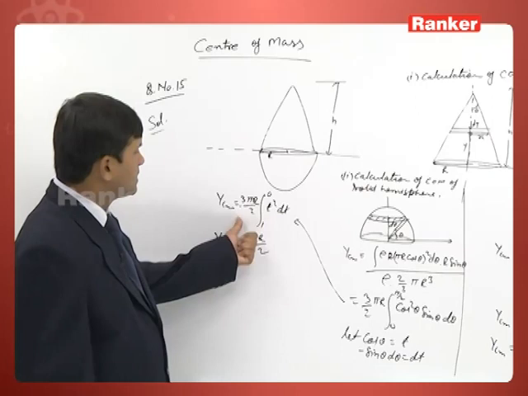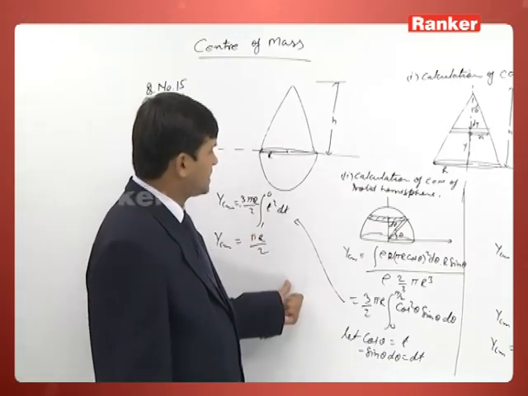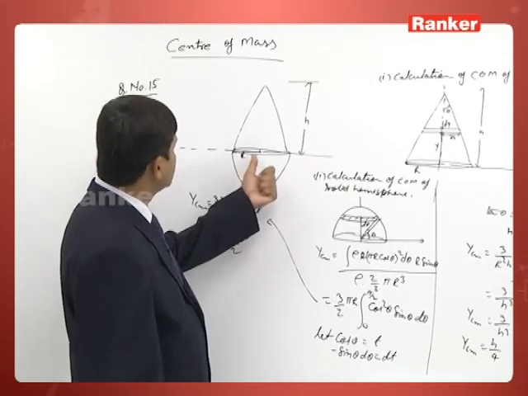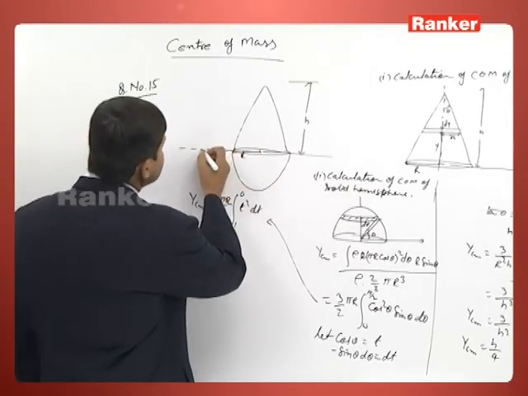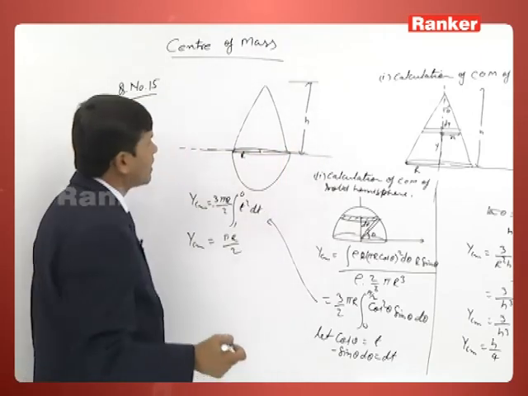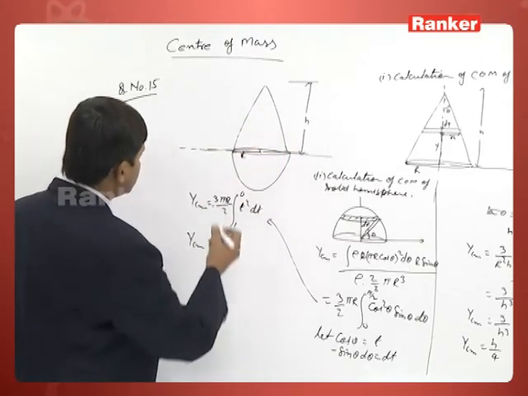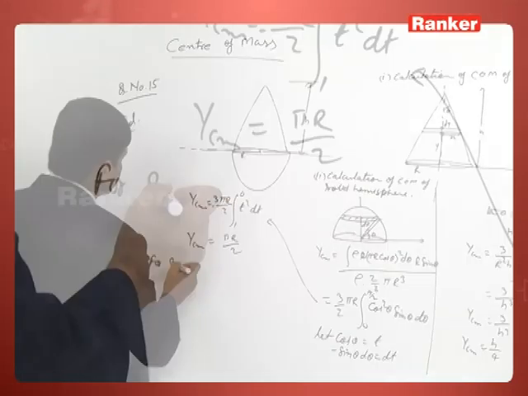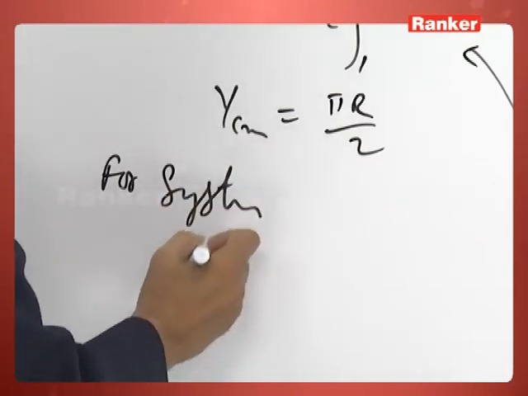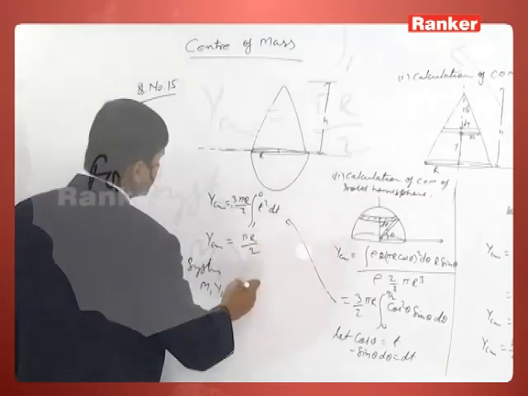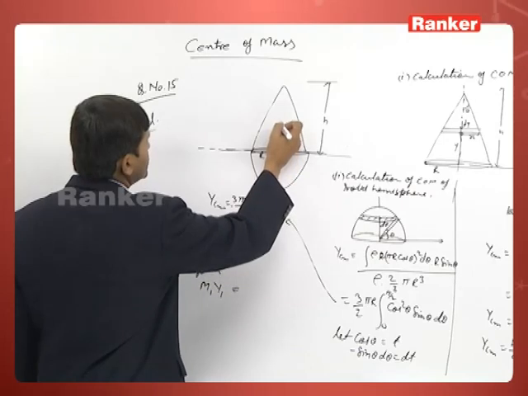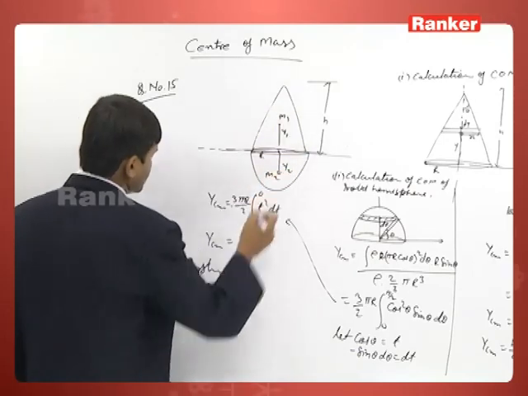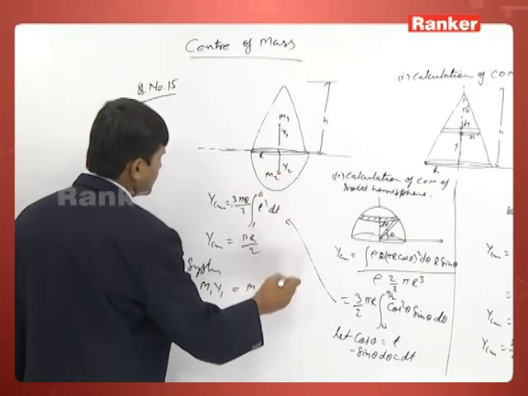The whole system here. See, next point here. After knowing the center of mass of this one, since the whole center of mass will lie on this, we can calculate. See, now for the system, m1 y1 must be equal to m2 y2.